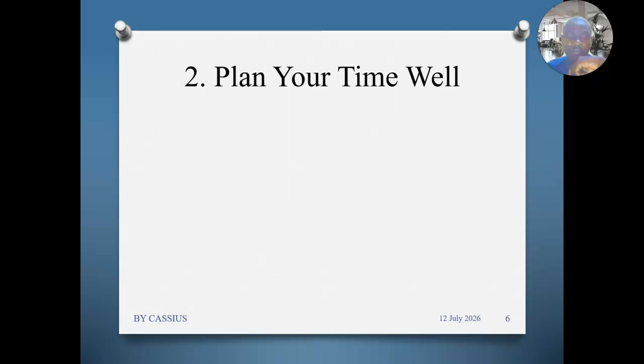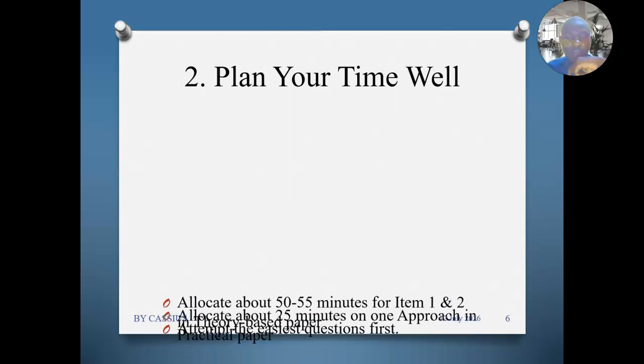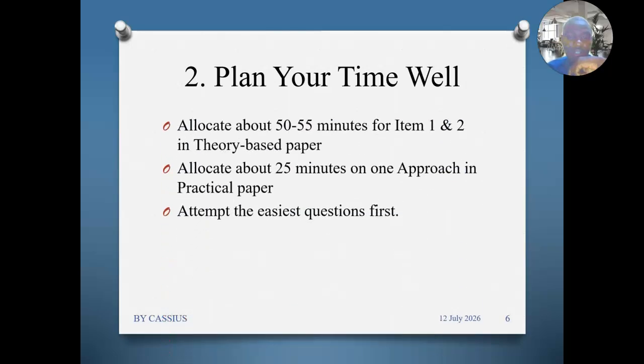Let's look at concepts now that you are supposed to use. Last but not least, plan your time very well. Make sure that you allocate 50 to 55 minutes for item 1 and 2 in the theory-based paper. Then for the practical-based paper, allocate 25 to 30 minutes for each approach that you're going to use.